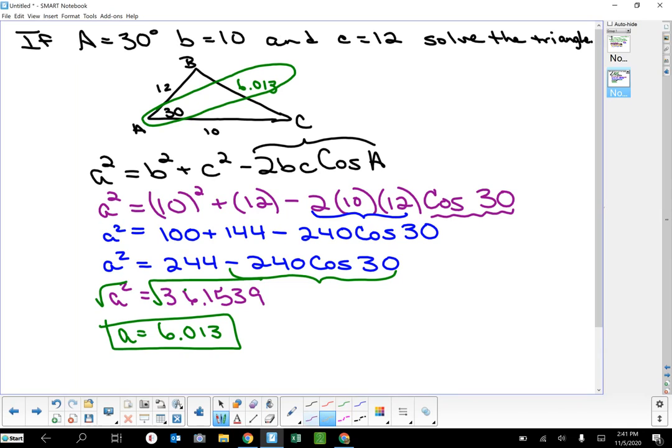Okay? Now, once we know an angle and its corresponding side, and I'm not going to finish this for you, the idea here is you would now use law of sines to find another angle.